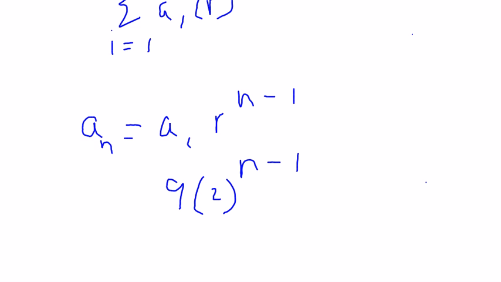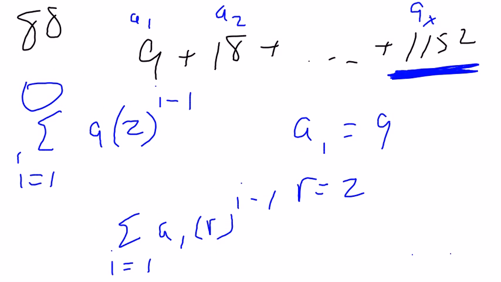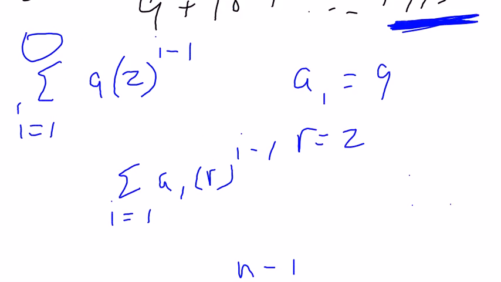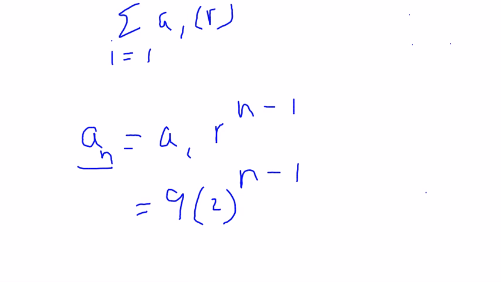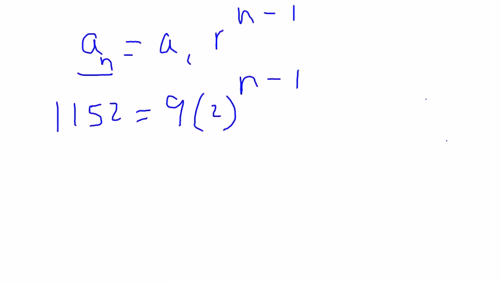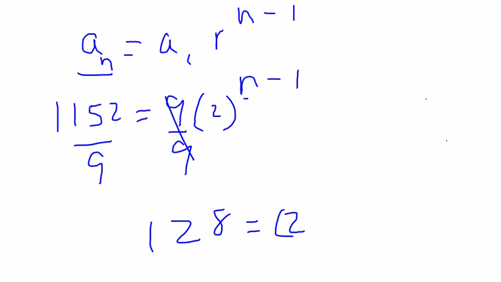And we know the nth term is 1152. So this is going to equal 1152. So to solve for n, first thing I'm going to do is divide by 9. So 1152 divided by 9, I get 128. So 128 equals 2 to some power.